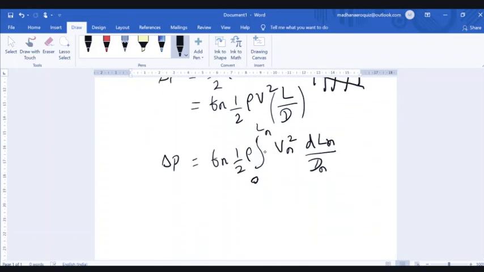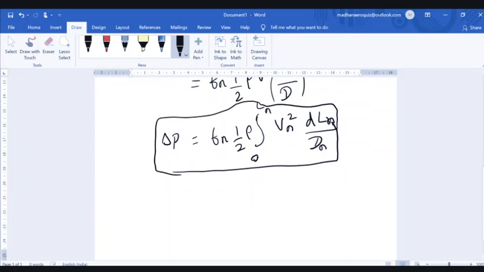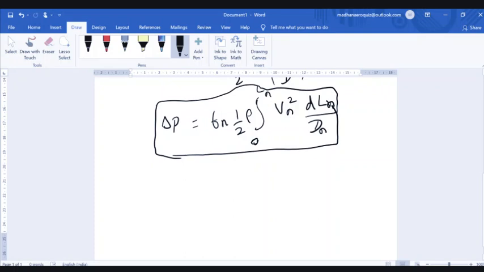And then from this, by considering this pressure loss equation, what we have to find out is the friction coefficient, or pressure loss coefficient.